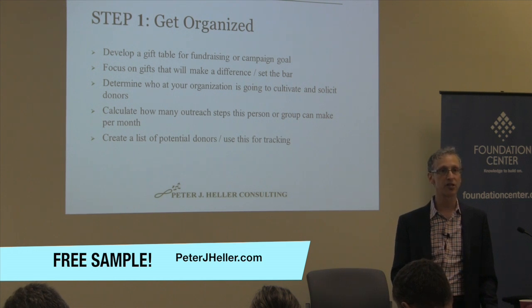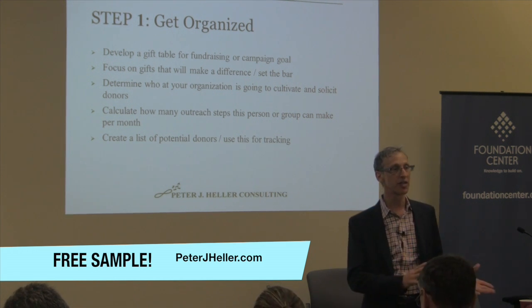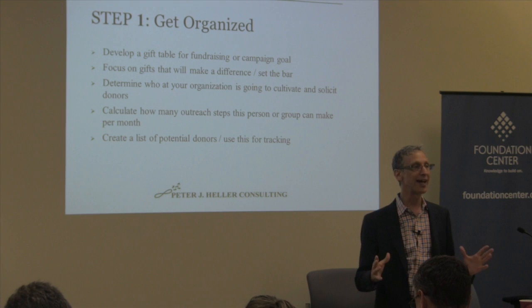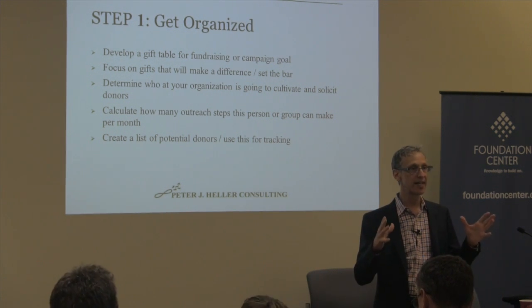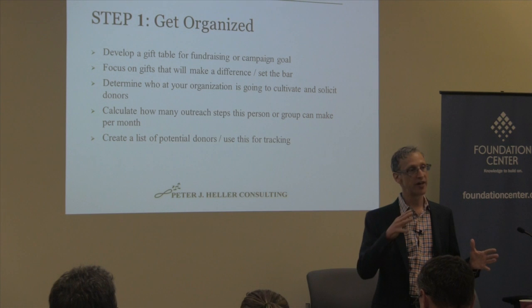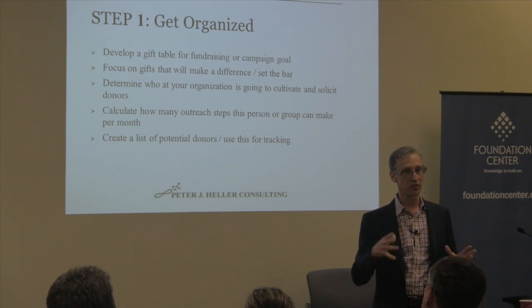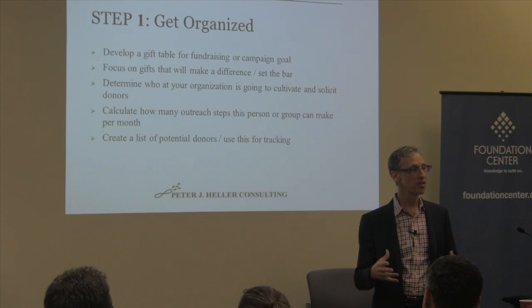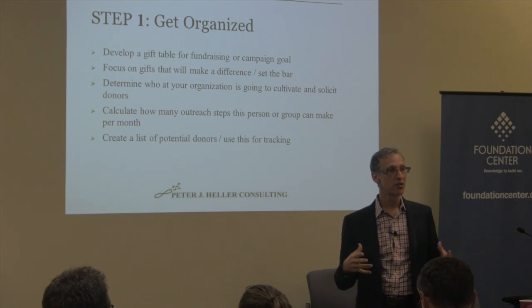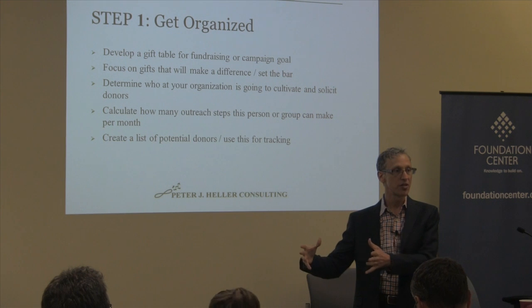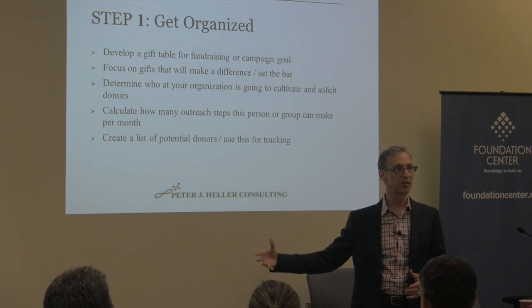There's a lot of information on the internet about how to use a gift table and what they're about. But it's a very elegant tool that helps you take how much money you want to raise and divide it by the levels of gifts as well as the number of donors you need. And then it's a metric you can use to sort of figure out the work that needs to be done.